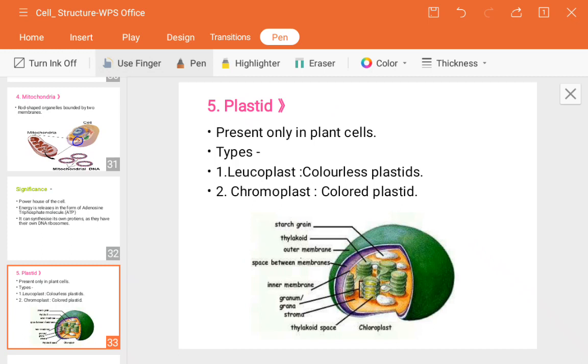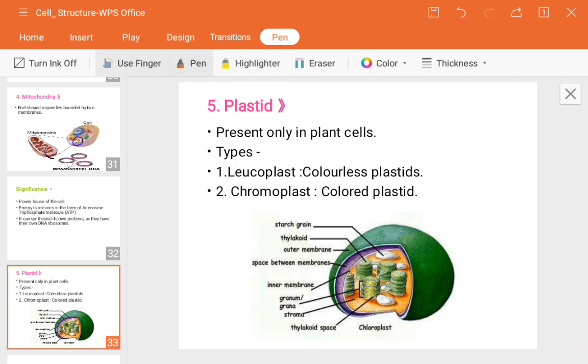Okay, now we will see what the parts are. Chromoplast with chlorophyll is called a chloroplast. So chromoplast has chlorophyll molecules, that's why it is a chloroplast, with a colored appearance. Now just see what their structure is.